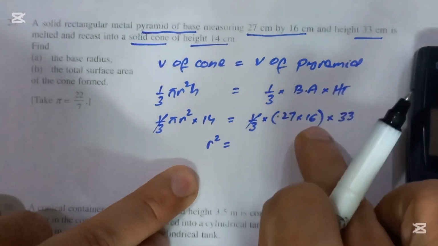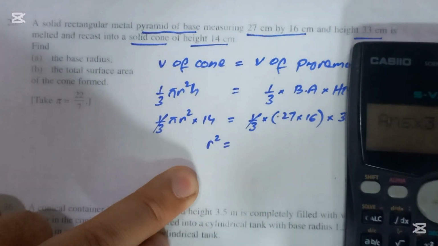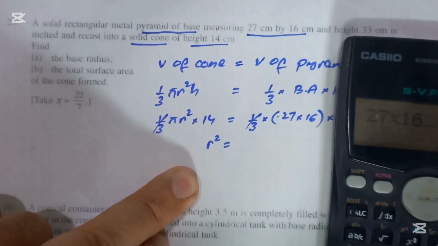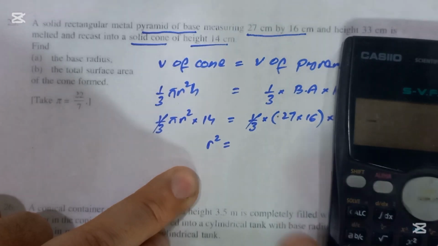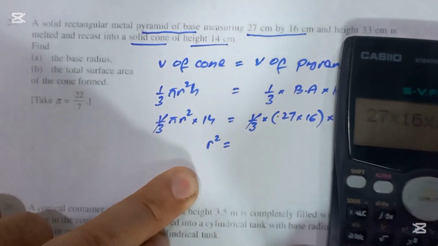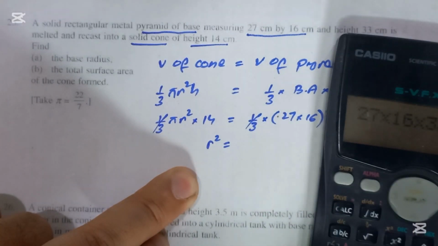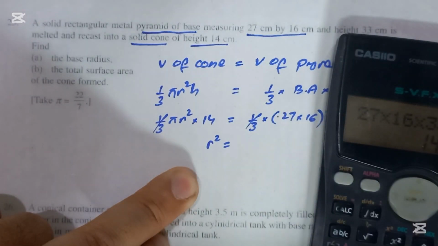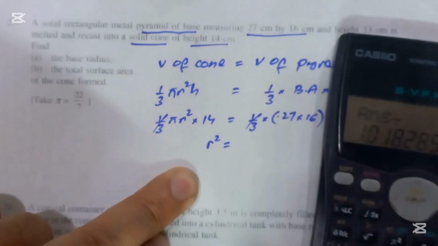On the right side, 27 multiplied by 16 multiplied by 33 equal to this. This will be divided by 14, divided by pi.